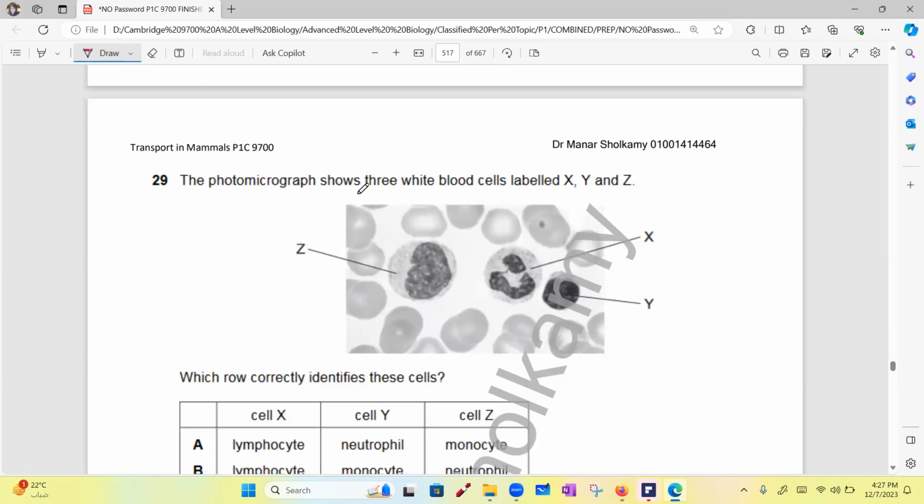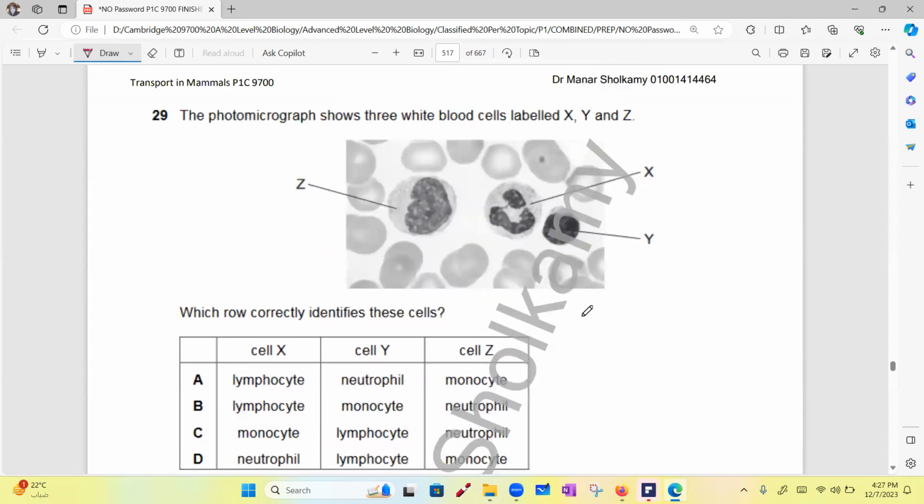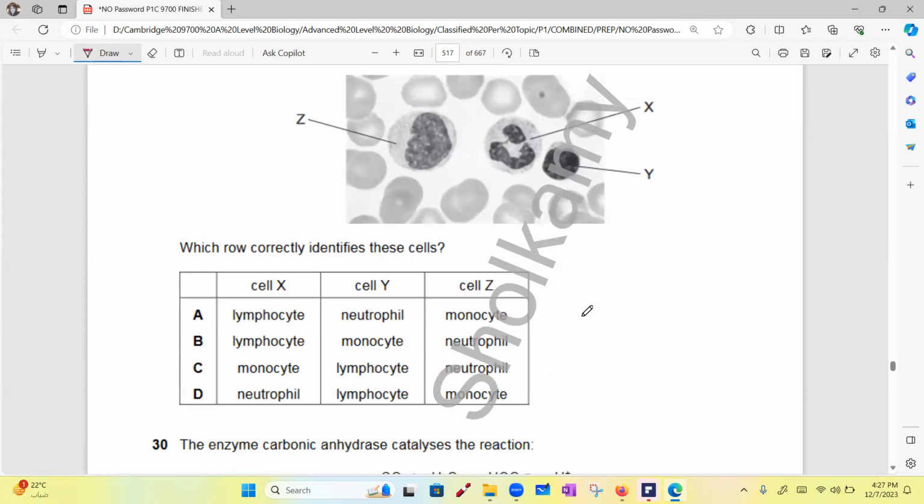The photomicrograph shows 3 white blood cells labeled X, Y, and Z. Which row correctly identifies them? I think we answered this question before. Yassine, can you give me an answer? Z. I don't know what a monocyte is. A monocyte, my dear, is one type of white blood cell that has a kidney-shaped nucleus.